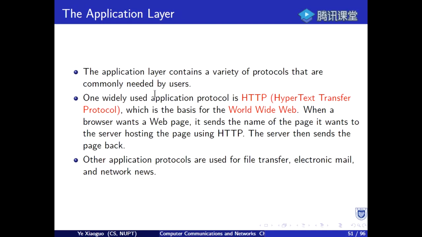Layer 7 is the application layer. It contains a variety of protocols that are commonly needed by users. One widely used application protocol is HTTP, meaning Hypertext Transfer Protocol, which is the basis for the World Wide Web.